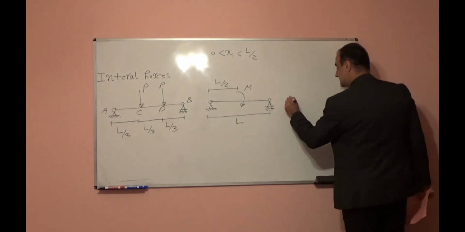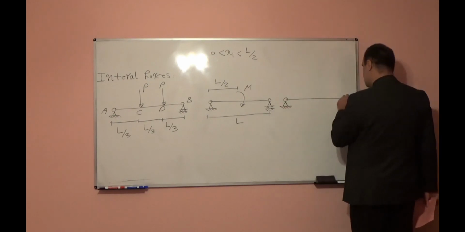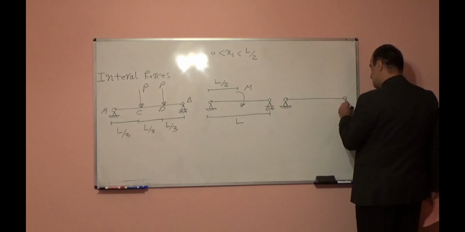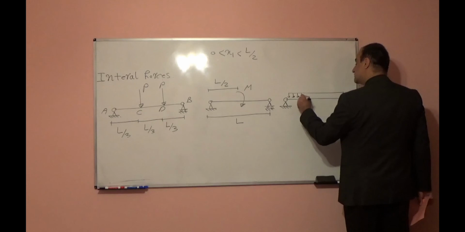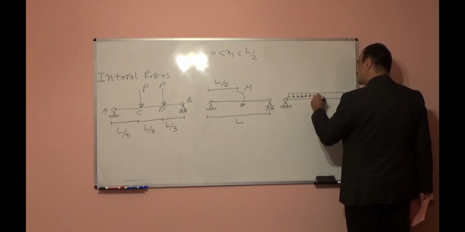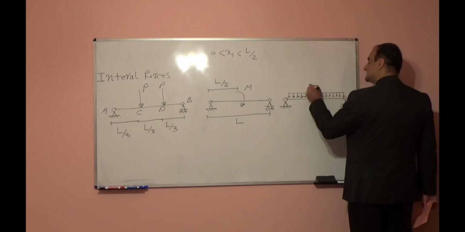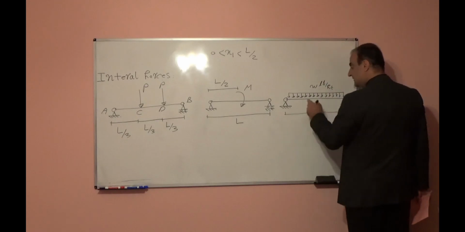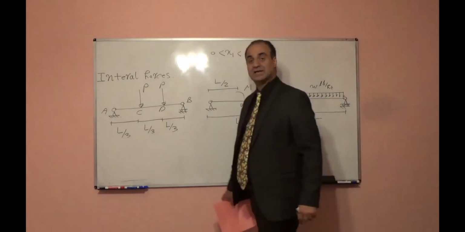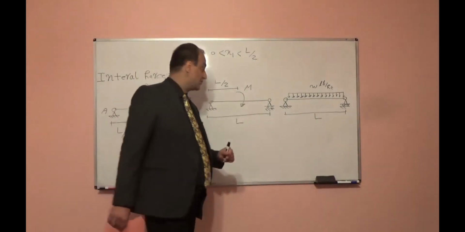Next one, this beam, simply supported beam, subjected to distributed load, uniform distributed load. The intensity of the load is lowercase w pound per feet, and the length is L. Find internal forces and draw axial force diagram, shear force diagram, and bending moment diagram.